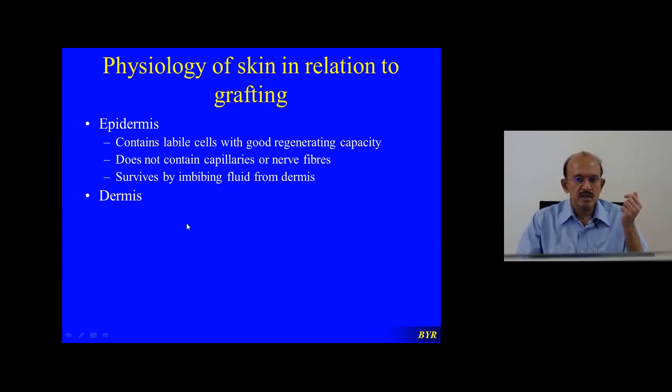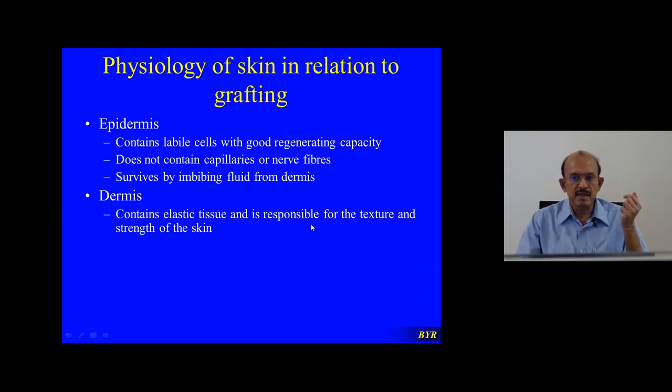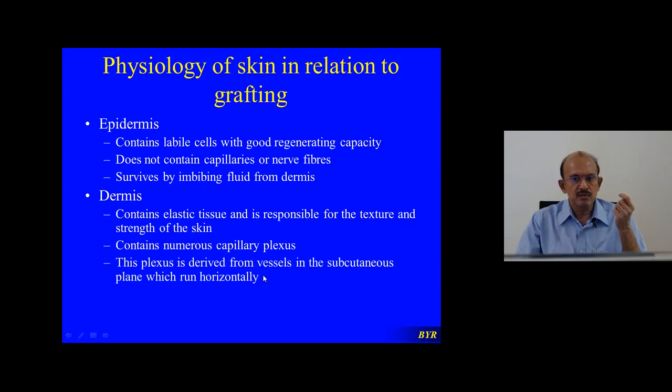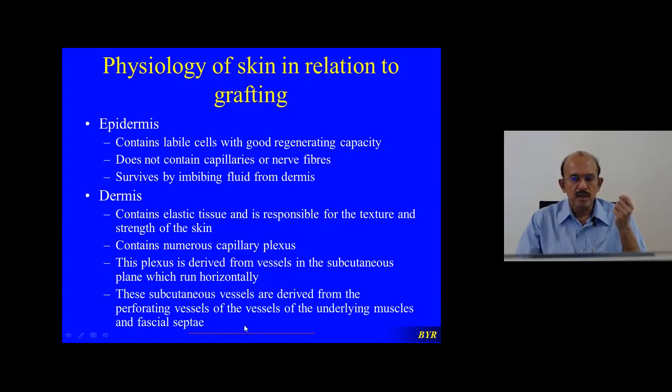Dermis. It contains elastic tissue and is responsible for the texture and strength of the skin. It contains a numerous capillary plexus and blood vessels. This plexus is derived from vessels in the subcutaneous plane, which run horizontally. These subcutaneous vessels are derived from perforating vessels of the underlying muscles and fascial septa.